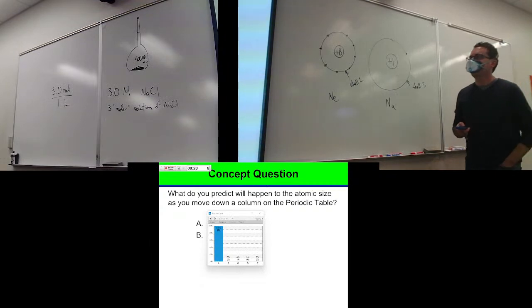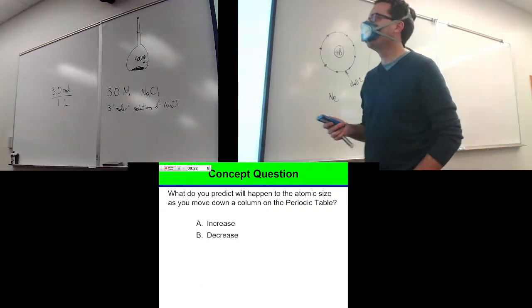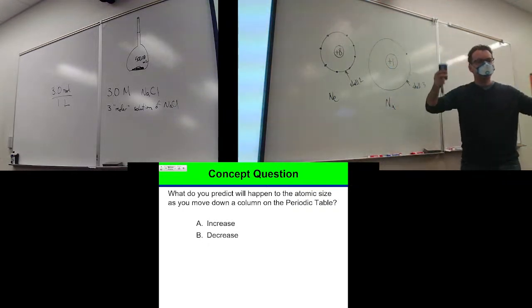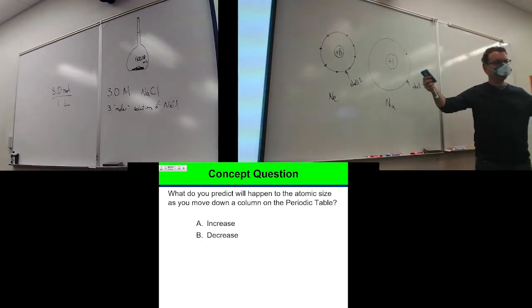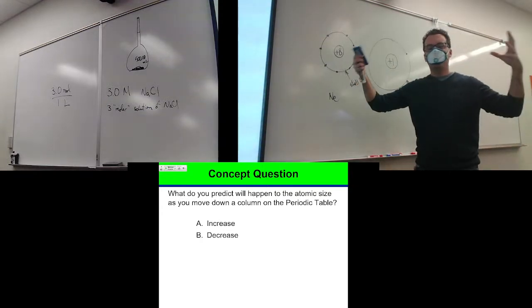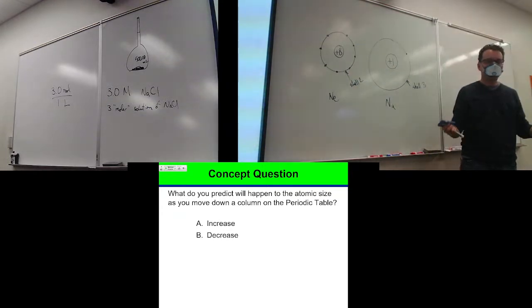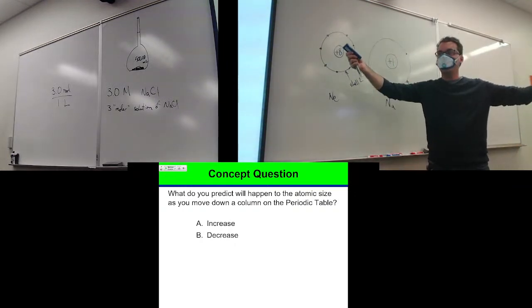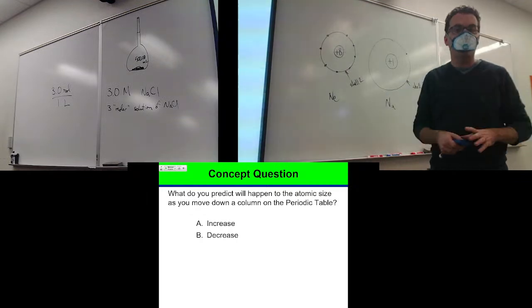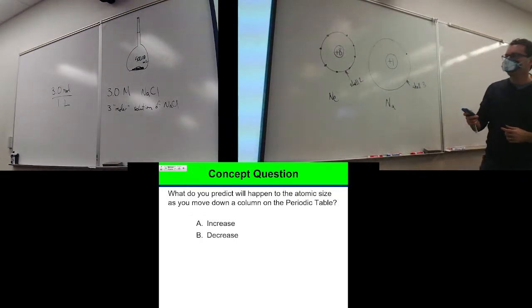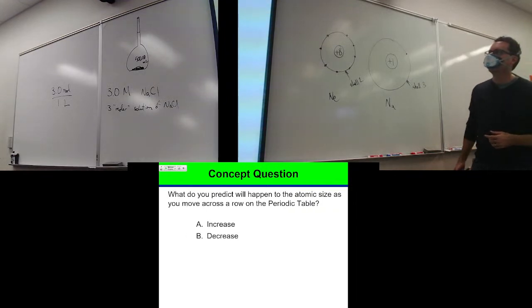All right. Everybody says they get bigger. Perfect. That's what you'd expect. Why? Because we're adding electrons to a shell that is further away. So if you define the atoms by how far the electrons go, the further down you go, cesium has electrons in shell 6, which could be further away than shell 5 electrons and so forth. So increase is the answer.